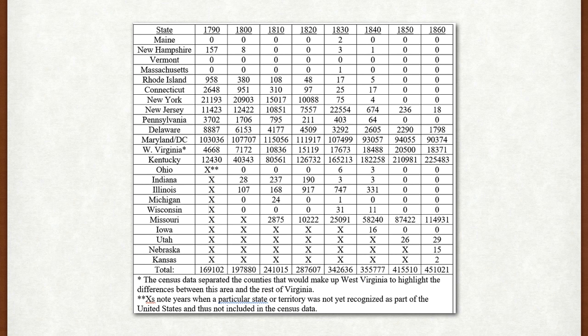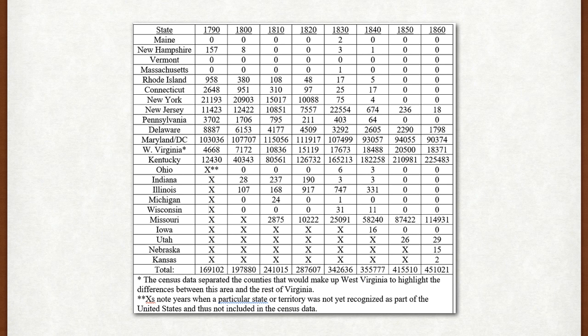So this is a chart showing various states and what slavery looked like in those states, from 1790 to 1860. As you can see, New Hampshire, which we said gradually emancipated, decreased quite a bit from 1790 to 1800, and then they really didn't have very many slaves.